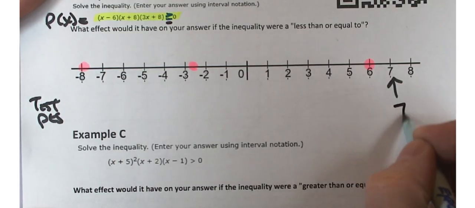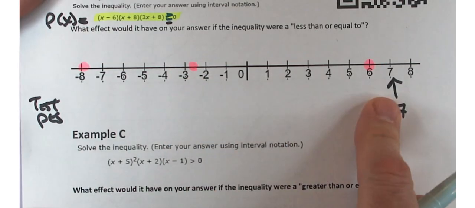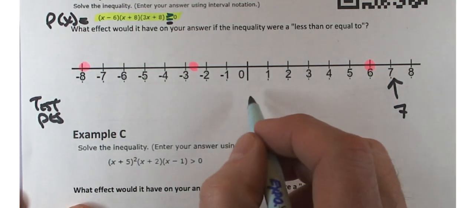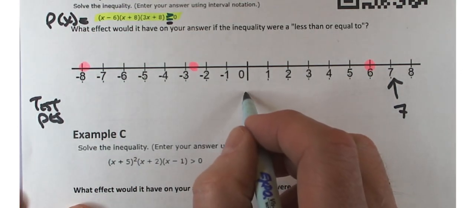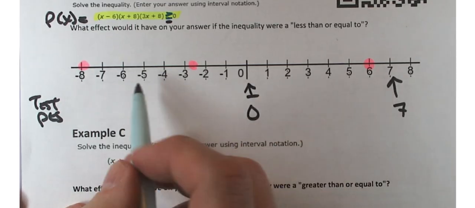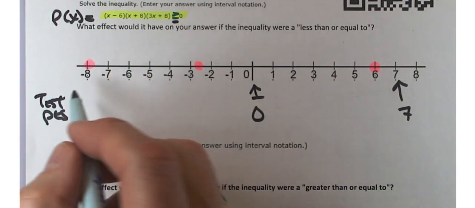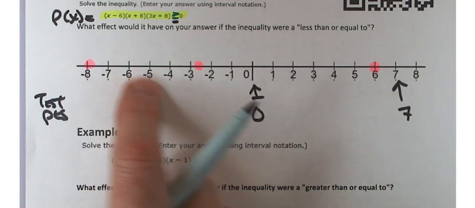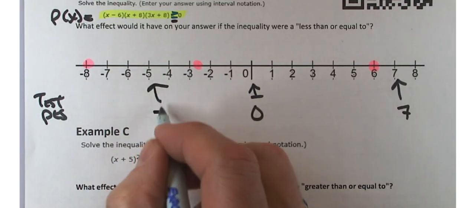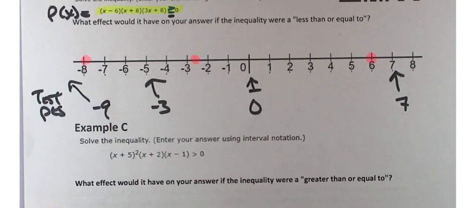Yeah, 7, sure. How about something between negative 8/3 and 6? What would be another good test point? That's a very simple one. 0. Yeah, 0 would be a good test point. I need two more, one for this interval and one for this interval. So how about something in this interval? Negative 3? Sure. And then how about negative 9? Those would be my good test points.